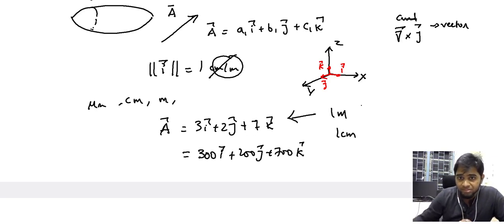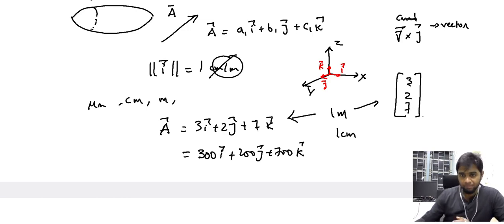Now if I am considering the magnitude required to describe vector A when I am dealing with a unit vector of length 1 meter, then as a column vector this can be represented as 3, 2 and 7. So I am considering an orthonormal basis, and the magnitude of these unit vectors is 1 meter, then I would need these magnitudes to represent the vector A.